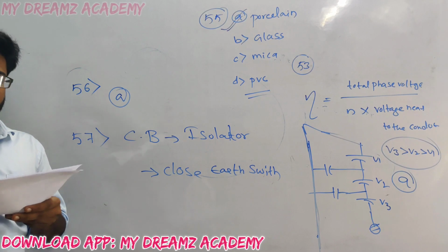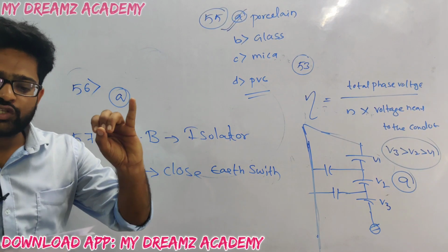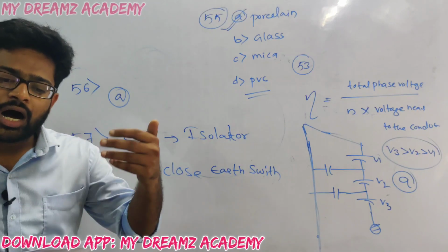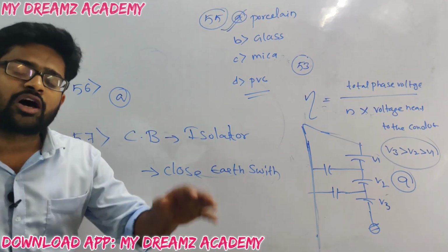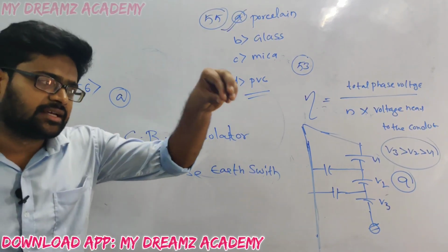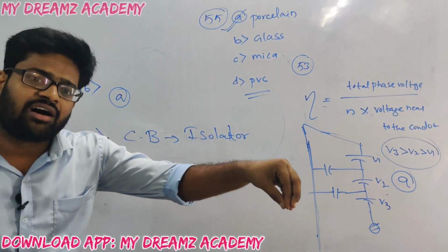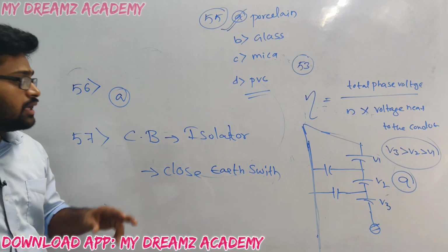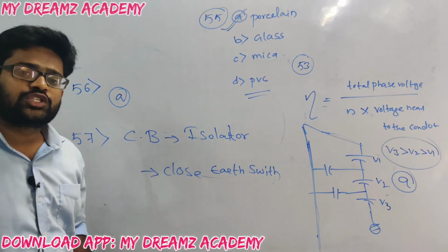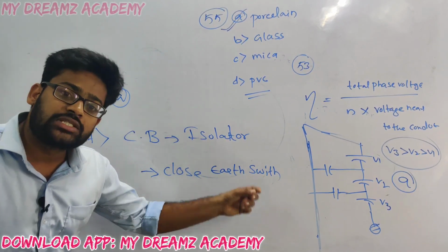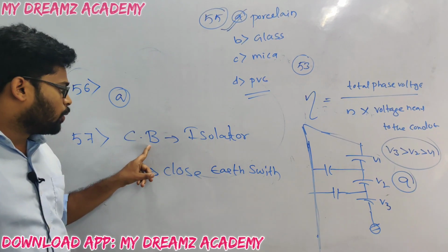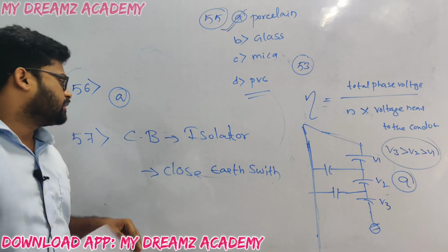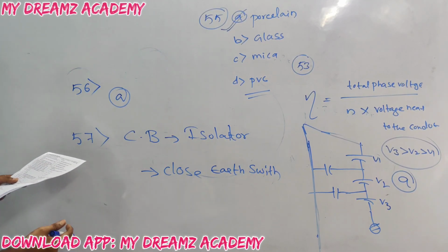Right, the sequence of operation while operating a circuit: if there is a fault in the system, first of all we need to open the circuit breaker. Then we need to open the isolator. Then we need to close the earth switch. We have to open this and close this. Okay, right.